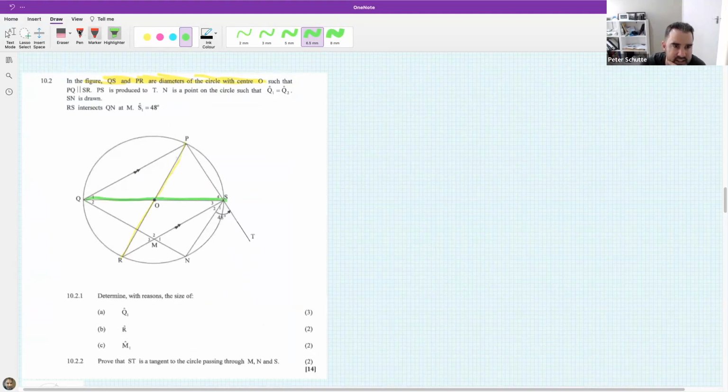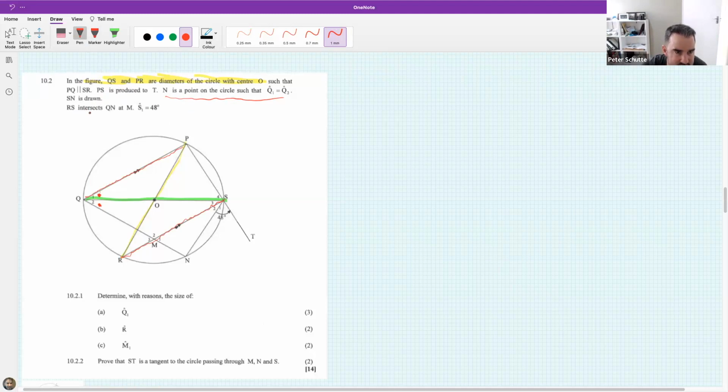It says that PQ is parallel to this one over here. It says N is a point on the circle such that Q1 equals Q2. So they are saying that this one over here is exactly the same size as that one over there. So what I do is I make a little marking so that my brain doesn't get confused.